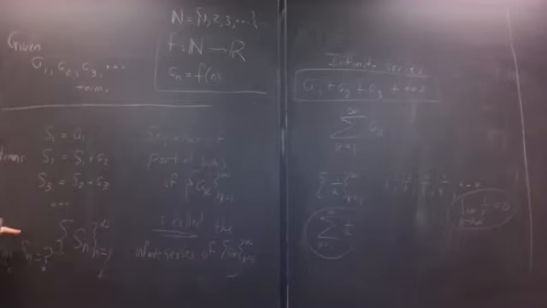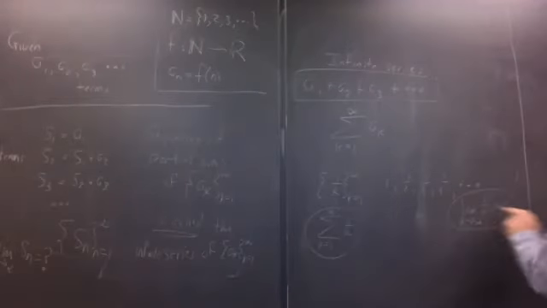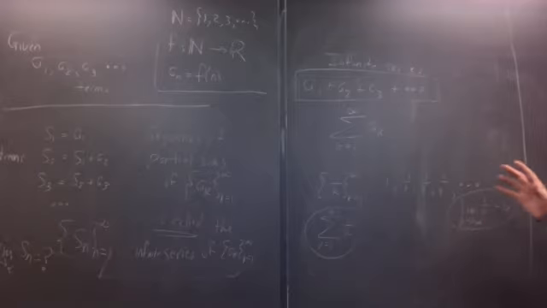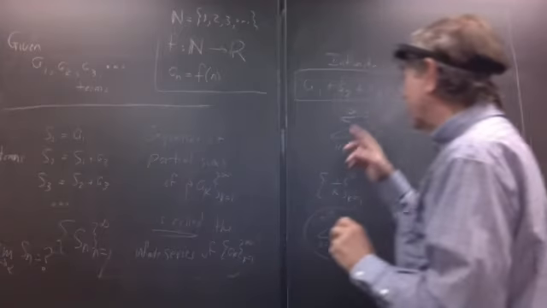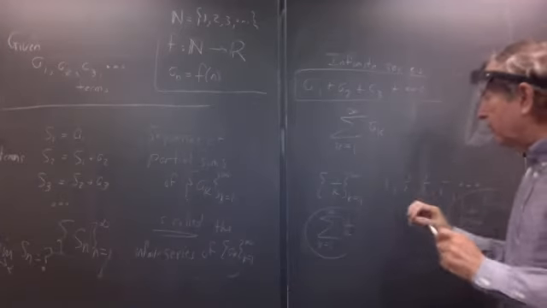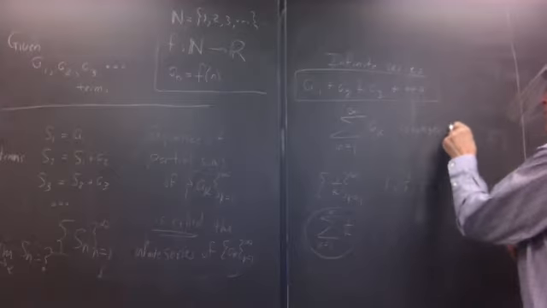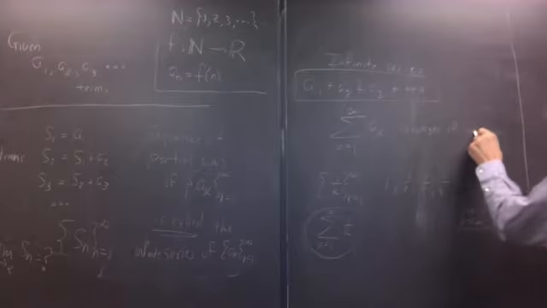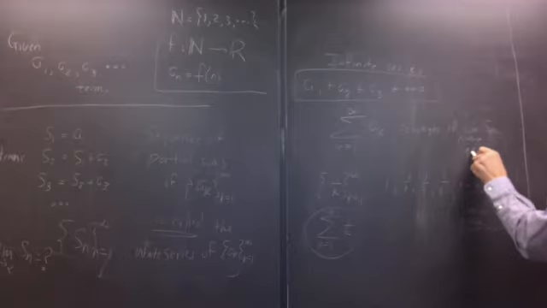I don't know it exists, but I can try it. Or I can take the limit of the original terms that make up the partial sums. So I got two different limits I can consider. Okay? And what we say is that the infinite series converges if the limit of the sequence of partial sums exists.